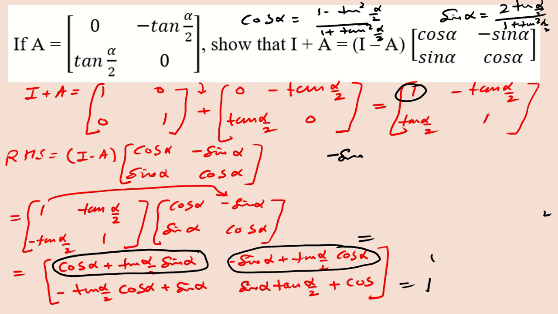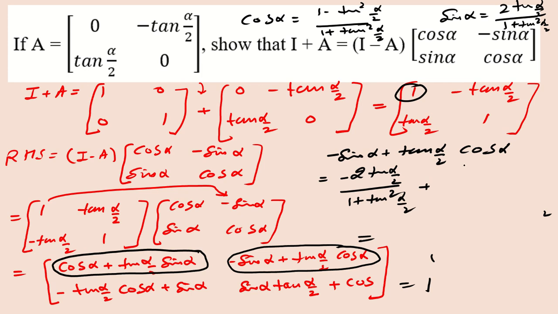Minus sine alpha plus tan alpha by 2 times cos alpha. So this is minus 2 tan alpha by 2 over 1 plus tan square alpha by 2 plus tan alpha by 2 into 1 minus tan square alpha by 2 upon 1 plus tan square alpha by 2.